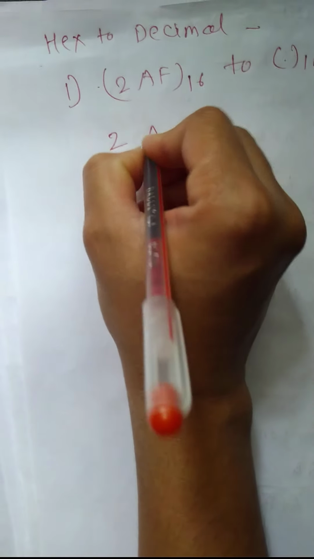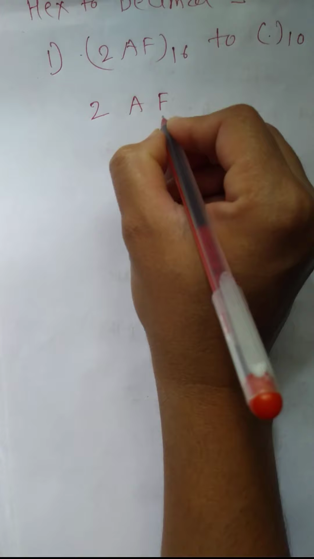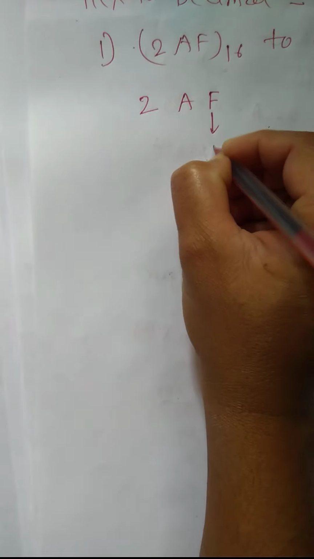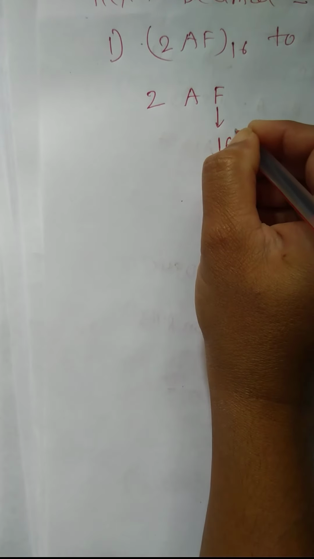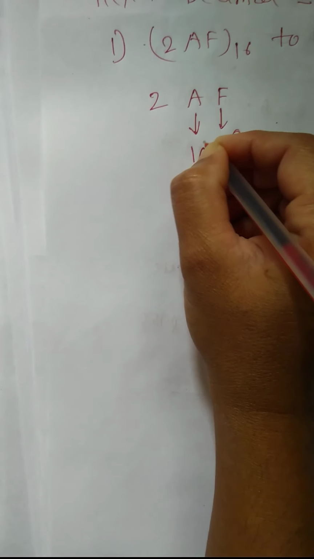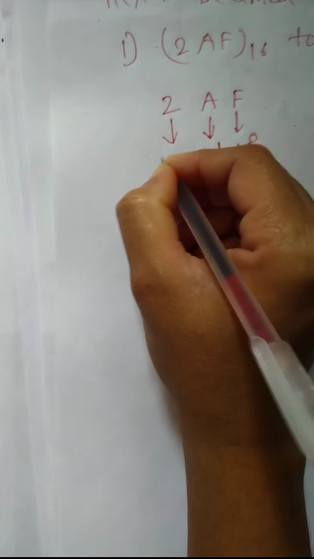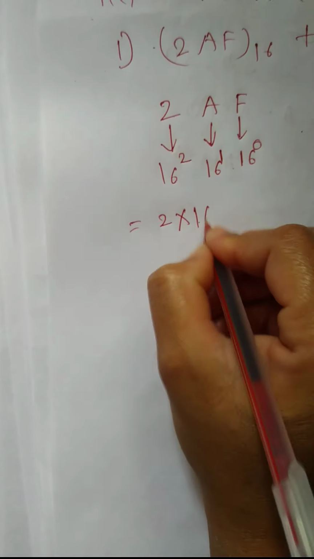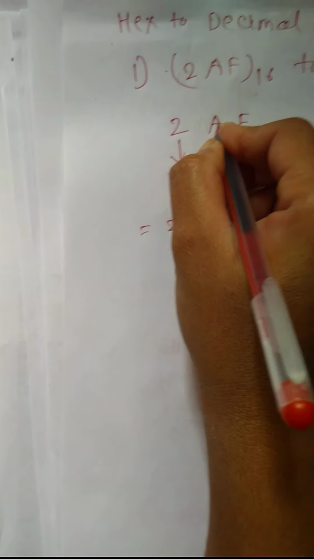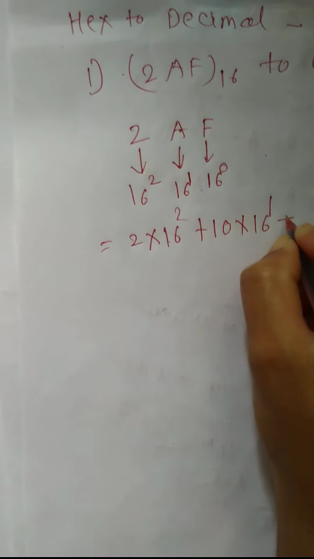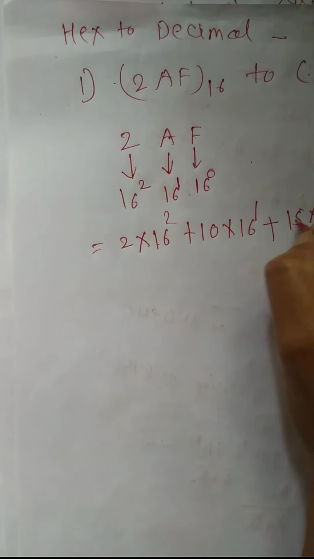So this 2AF, from LSB to MSB, F is the first number, that is the first positive term. This is 16 raised to 0, then 16 raised to 1 and 16 raised to 2. So we calculate 2 into 16 raised to 2, plus A, which in hexadecimal represents 10, so 10 into 16 raised to 1, plus F, which in hexa is 15, so 15 into 16 raised to 0.